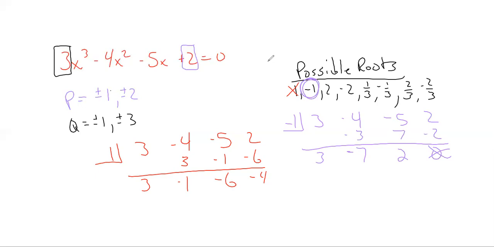But what I'm going to do now is factor this. So I'm going to say this is 3x squared minus 7x plus 2 equals 0.